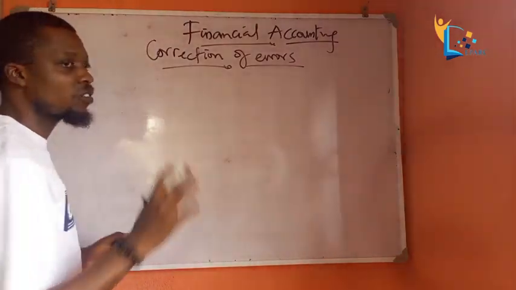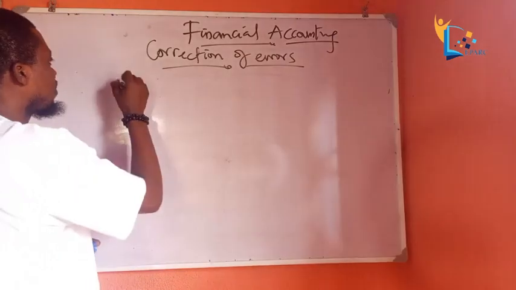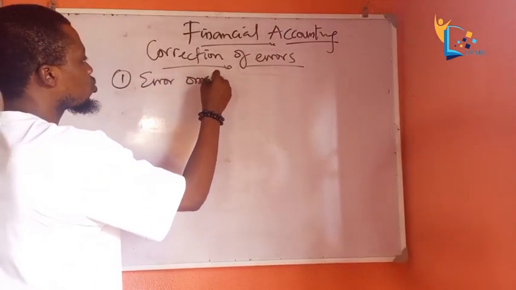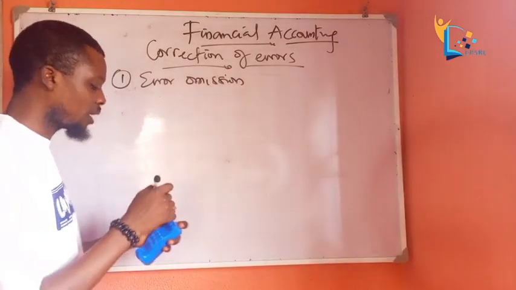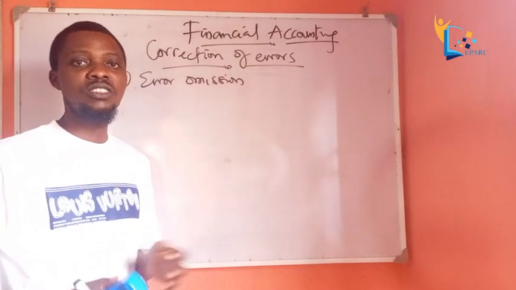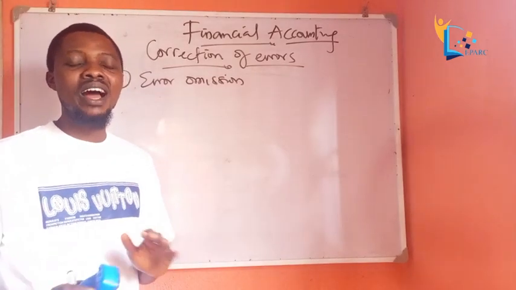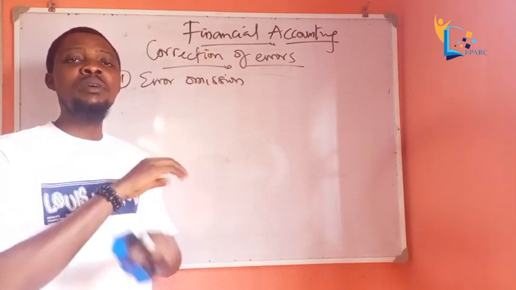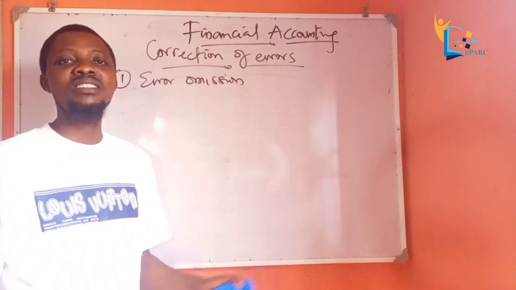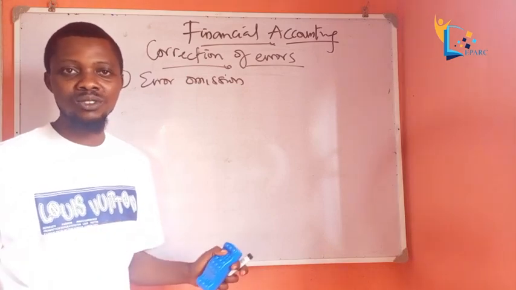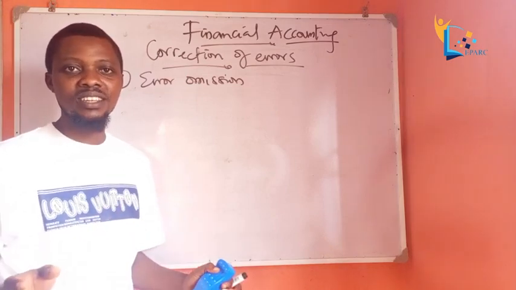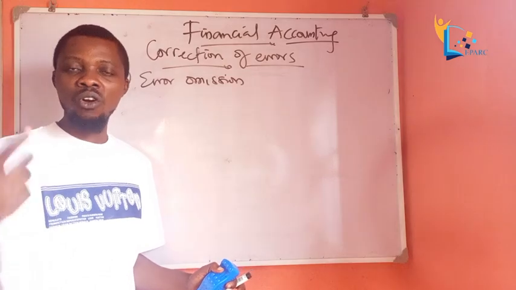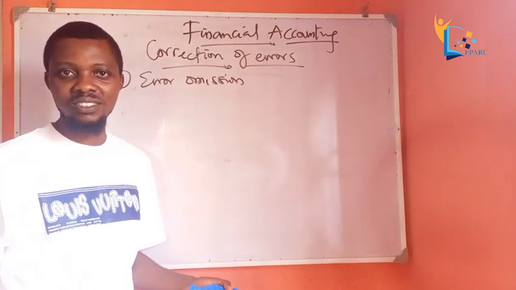Now, for the errors that will not affect the trial balance, we have number one, error of omission. This is from the word omission. This is when a transaction has been omitted completely from the books. You can't find it anywhere in the final accounts. And this may arise when the source document of a transaction is misplaced.